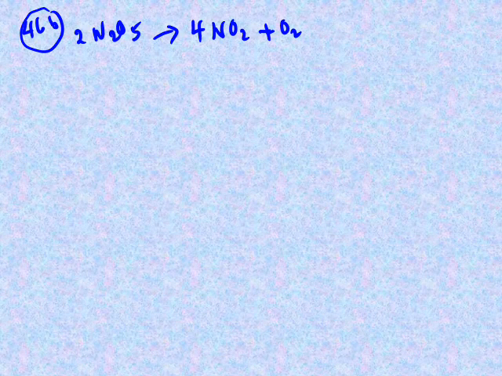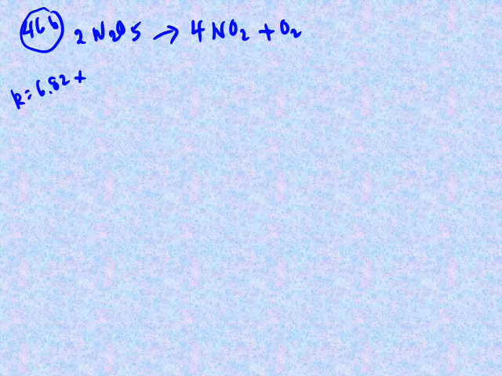Make sure you double check this: 2N2O5, 4NO2, and 1 O2. Again, the rate constant is given, which is 6.82 times 10 to the power minus 3 per second.